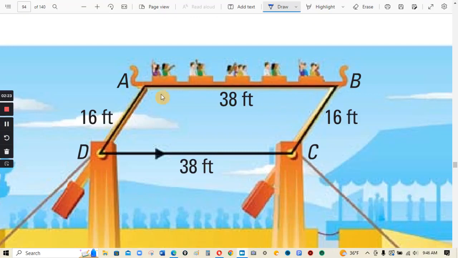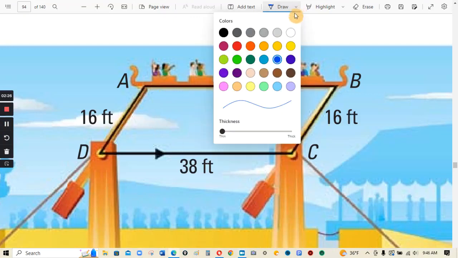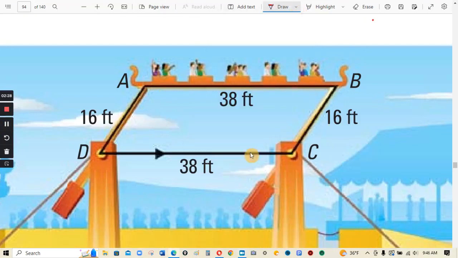All right, so here's the amusement park ride, and let's look at the dimensions. This side and this side are both 16, so those two sides are congruent, and the top and the bottom of the ride are both 38, so those are both congruent.